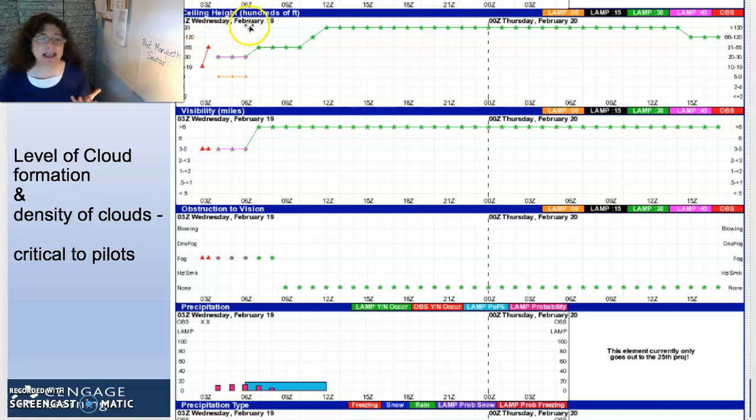They're looking at ceiling height, visibility, obstruction to vision, precipitation, and precipitation types. So these are all things that are right below temperature and dew point on their meteogram that they look over. It's important to them, it's important to us too.